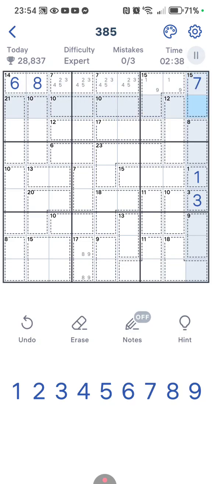So that's 7. That's 8. 1 and 9. That's 5. What else? Okay, I'm not seeing anything at the minute.